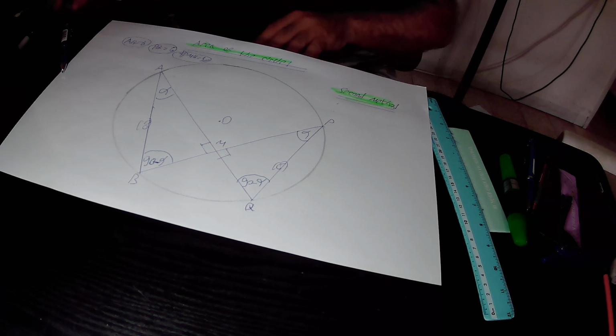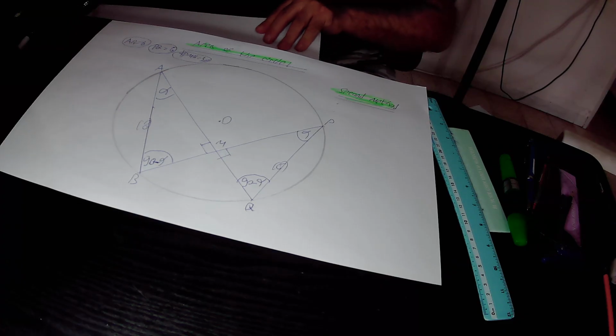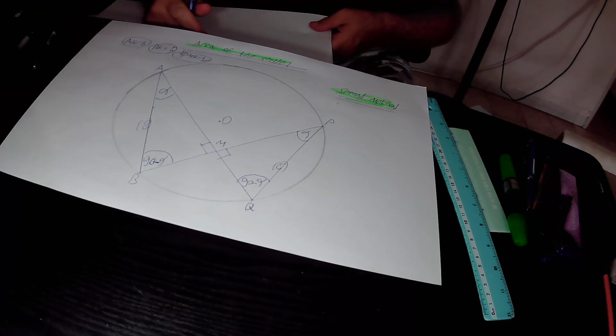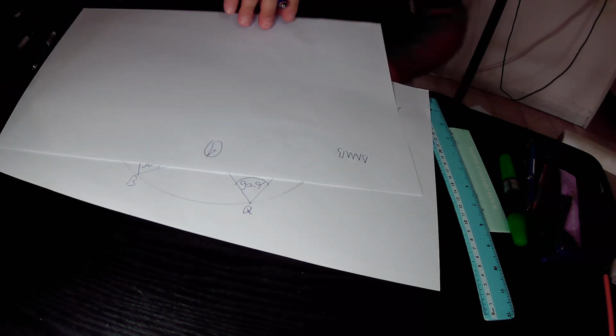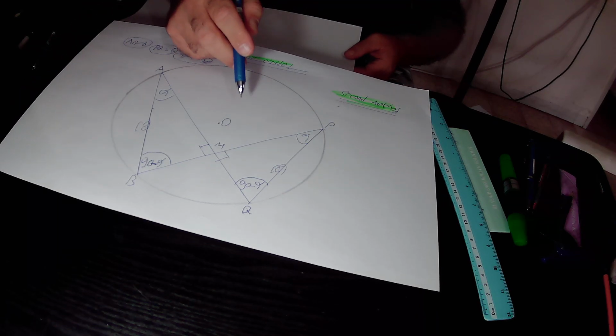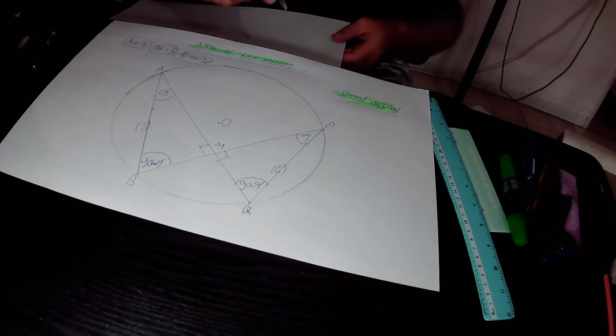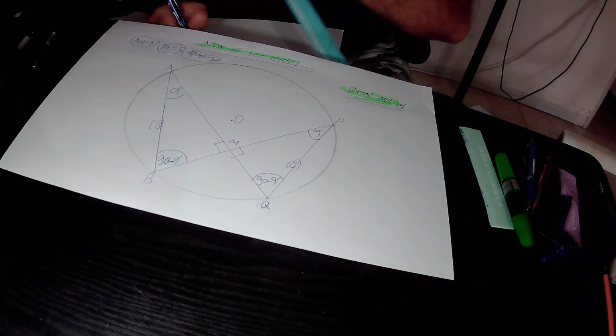We actually found out that the big right triangle ABM is similar to the right triangle PMQ, according to the angle similarity rule.